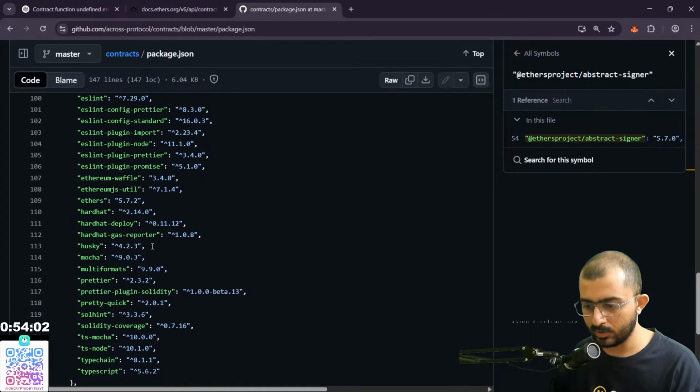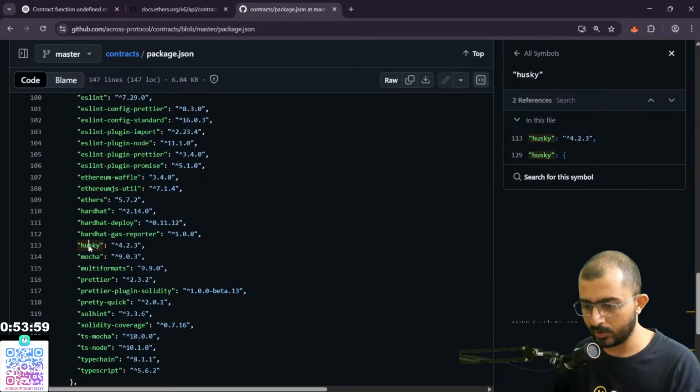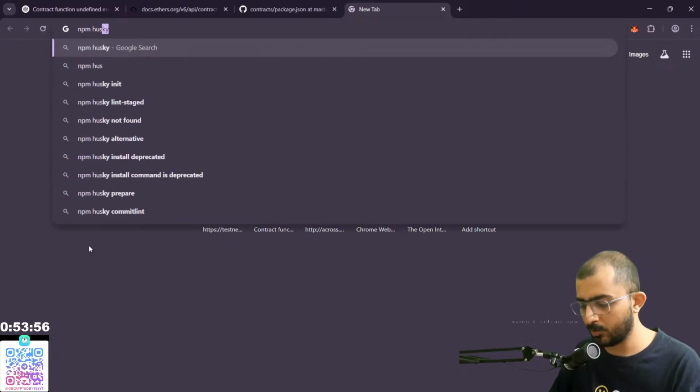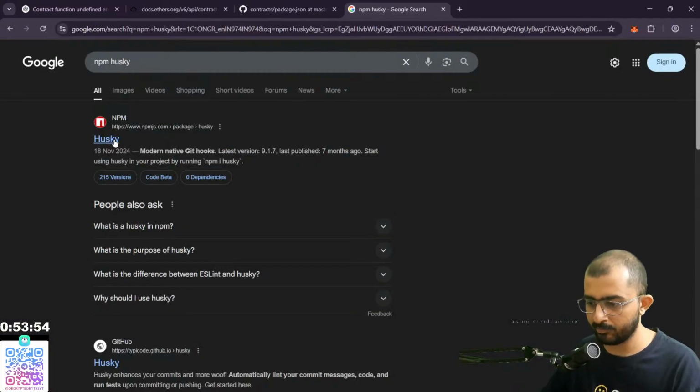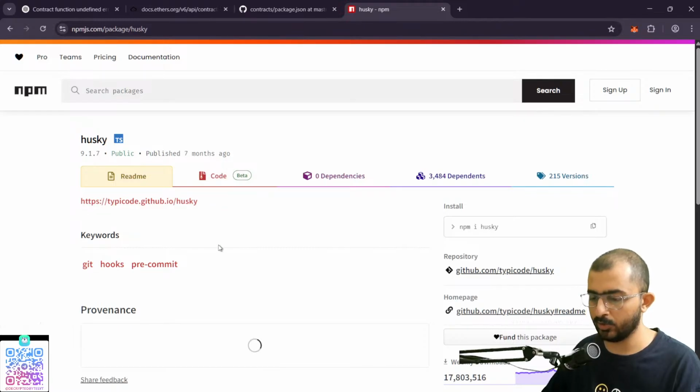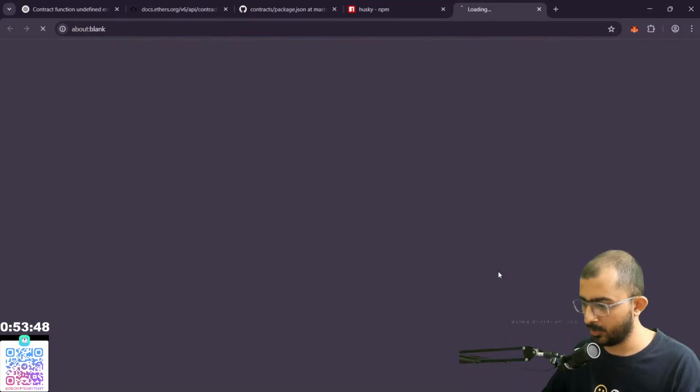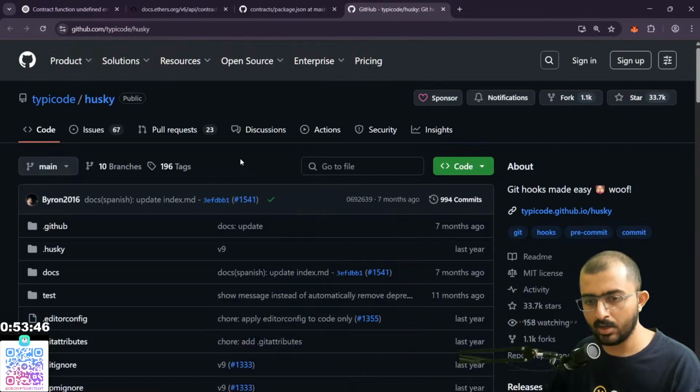What else? Husky. I don't know what Husky is. NPM Husky. Okay, something about git hooks. That's good. I think I have one hook where if I try to commit a .env file, it automatically gets rejected. But I don't know if it is live or not. I did write it with the help of ChatGPT, I myself didn't write it.